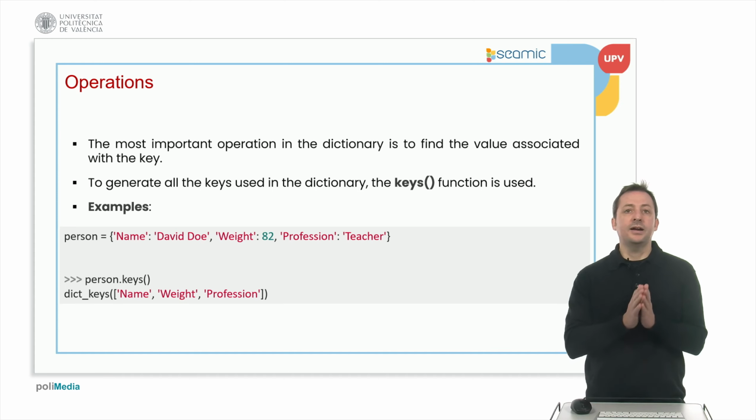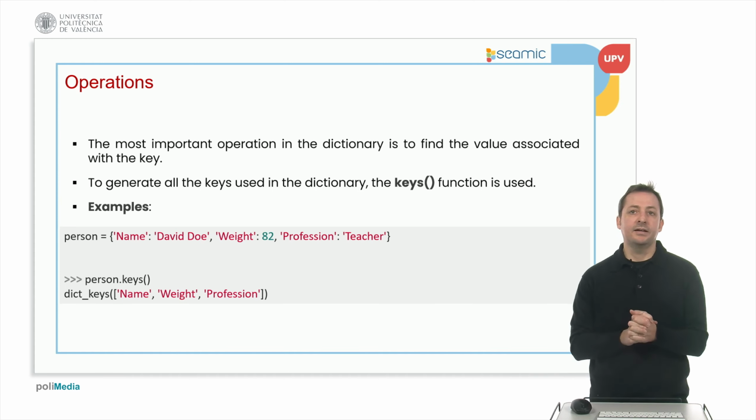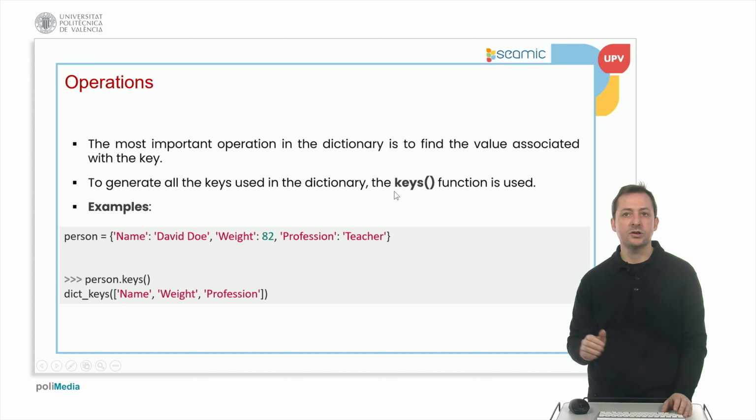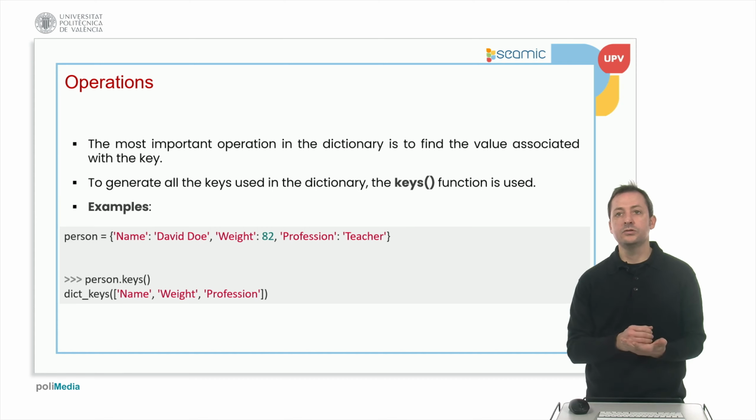Apart from that, there are other operations that are interesting to use with dictionaries. The operation keys allows us to retrieve all the keys of the dictionary. And this is important if we want to select each element of the dictionary.